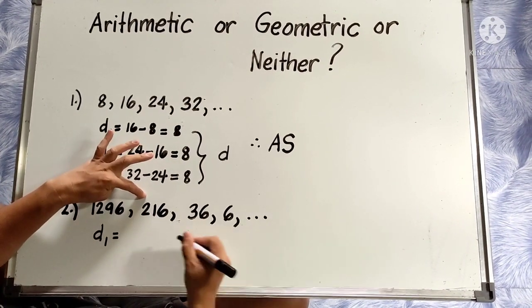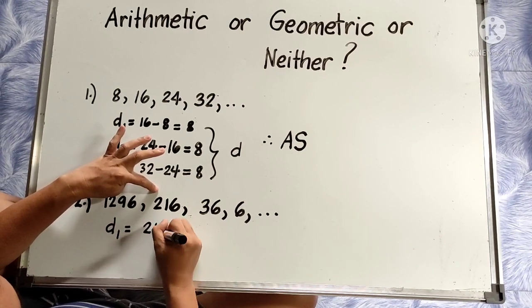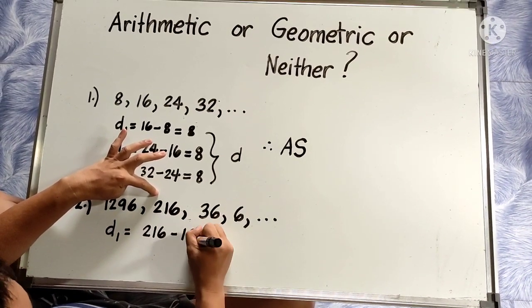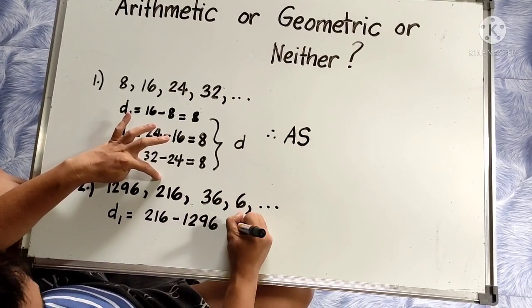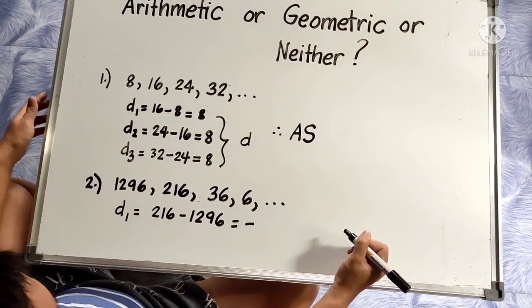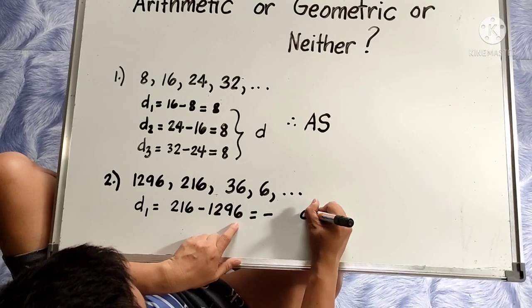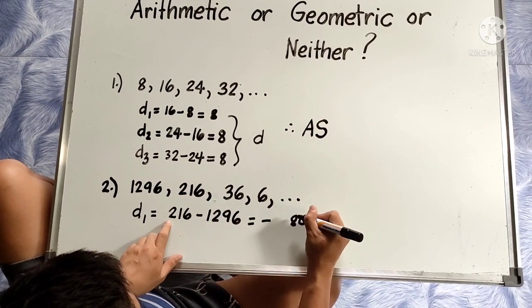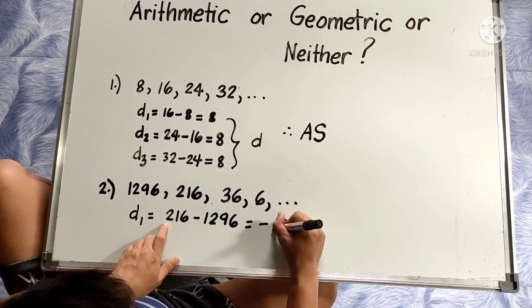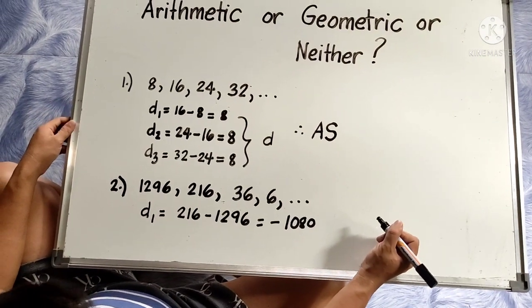So you will have 216 minus 1,296, which is equal to negative 1,080.